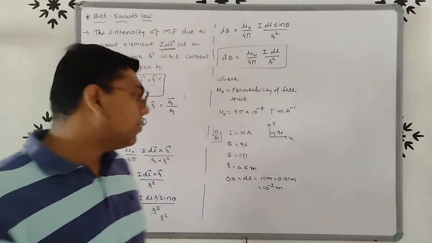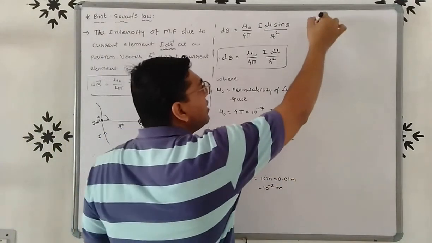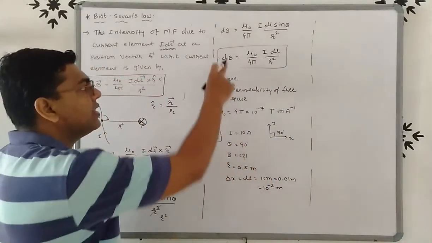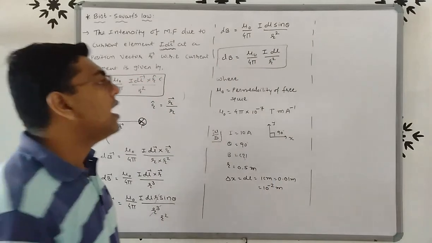We have to find out magnetic field B. So we already know the formula. If theta is 90, then dB is equal to mu 0 by 4 pi Idl upon r square.